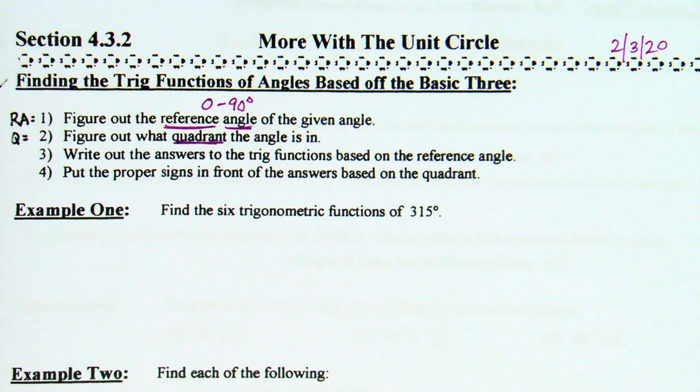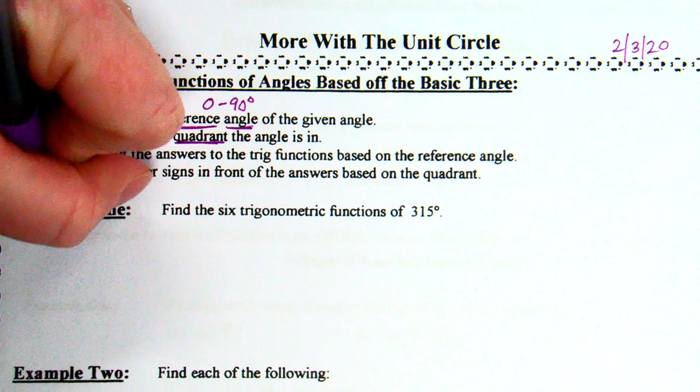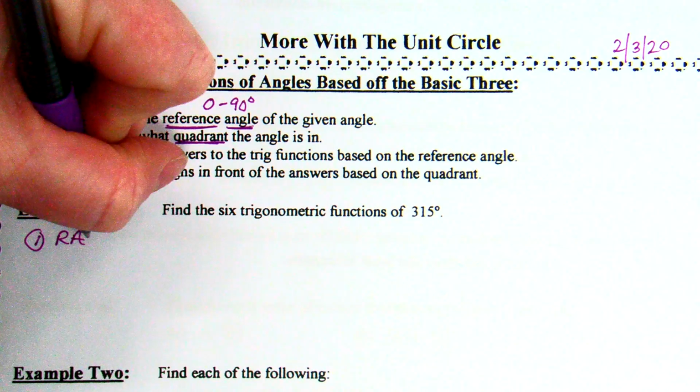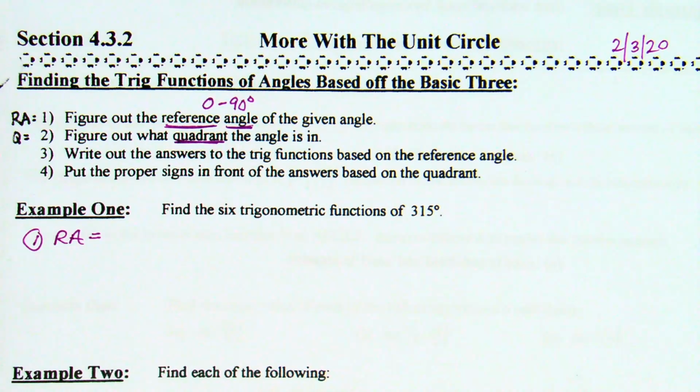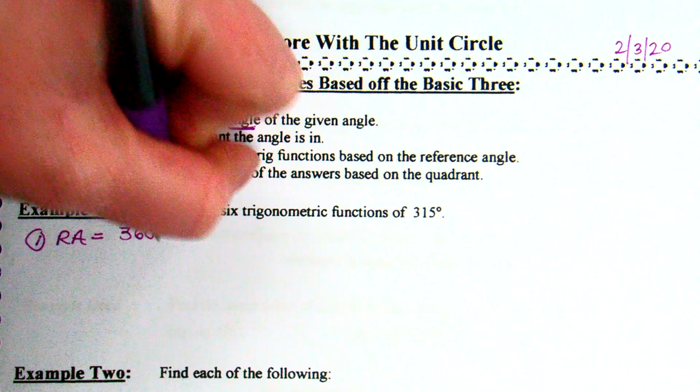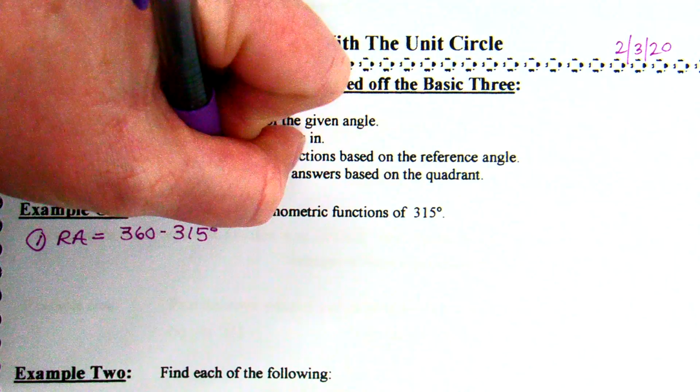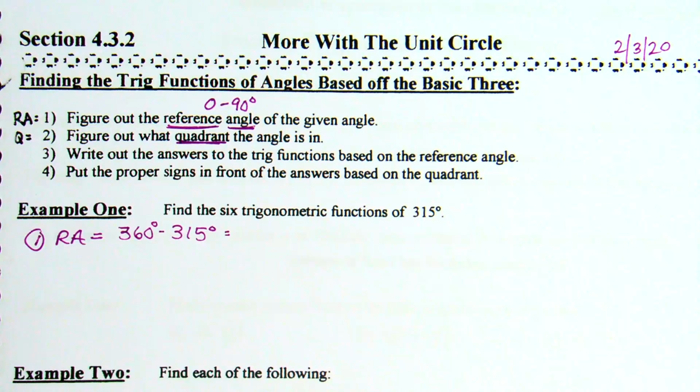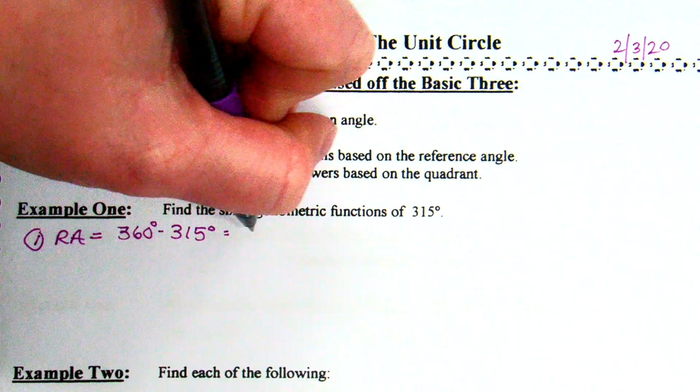And so step 1 is to find that reference angle. And as I said, that's when you are adding or subtracting 180 or 360. If 315 is closest to 360, then, yes, I agree. We want to do 360 minus 315 degrees. What is 360 minus 315 degrees? 45 degrees.